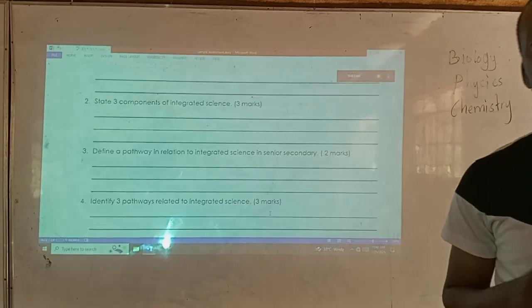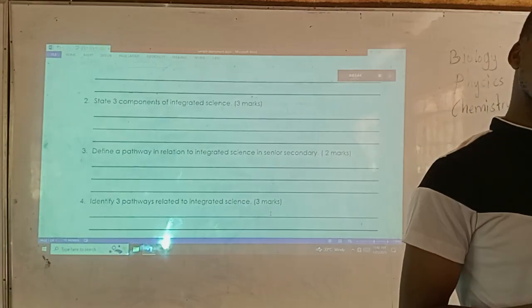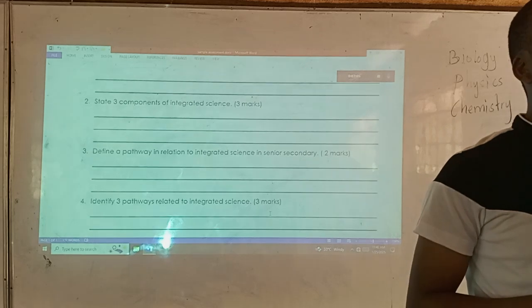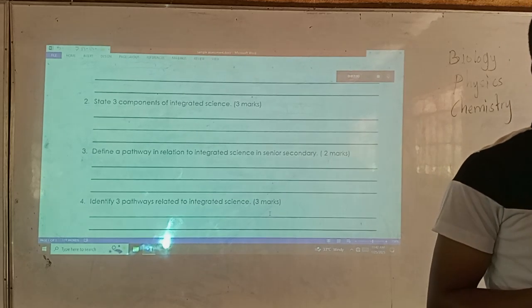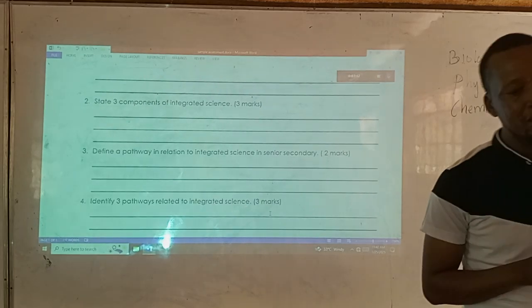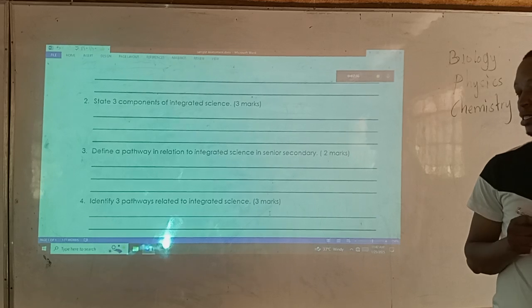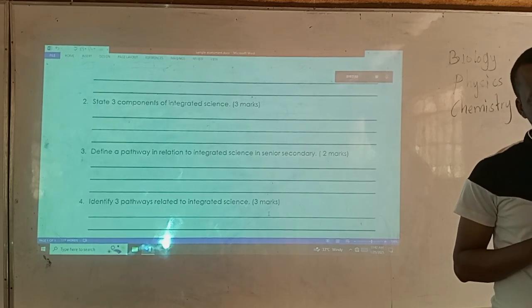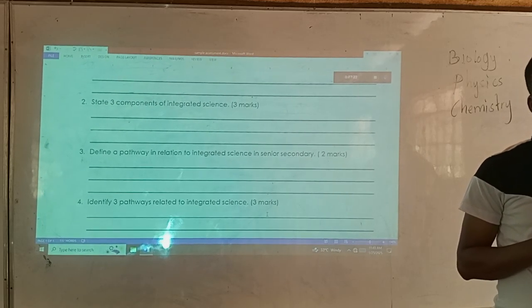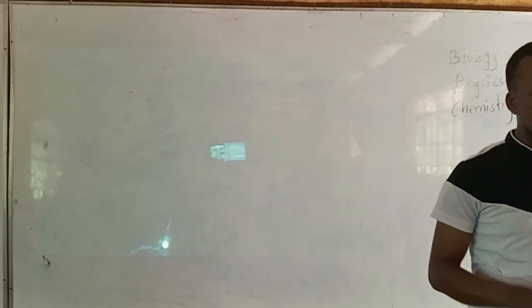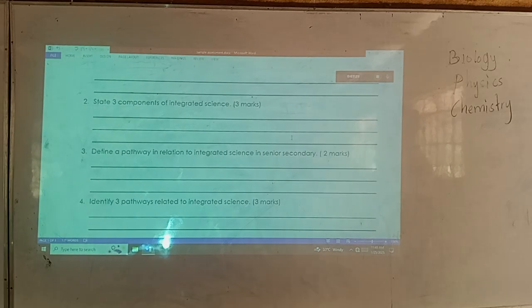That is group 3. Very good. Let's hear from group 2. What did you write? What is a pathway in relation to integrated science? Yes, very good. Group 3 and group 2.